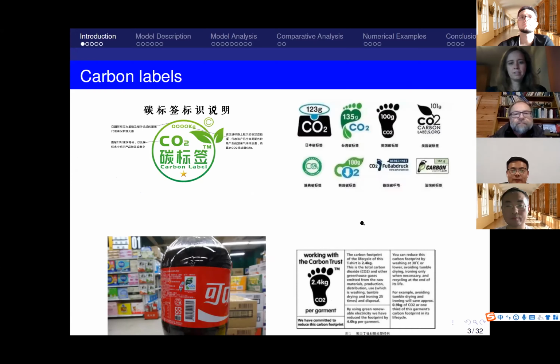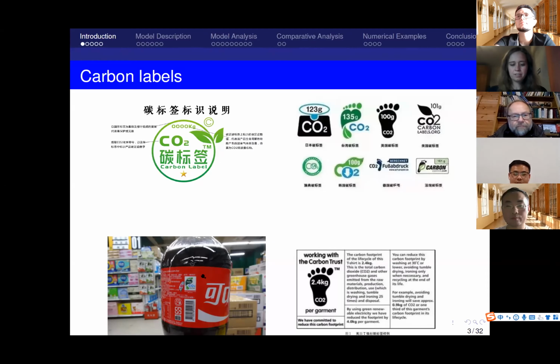In this list, you can see several carbon levels. This is China and Taiwan, this is America, Japan, Germany and France.